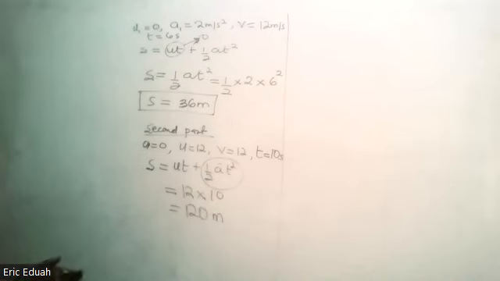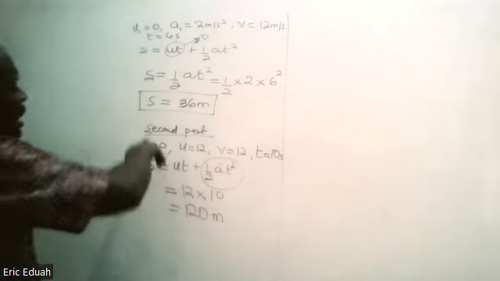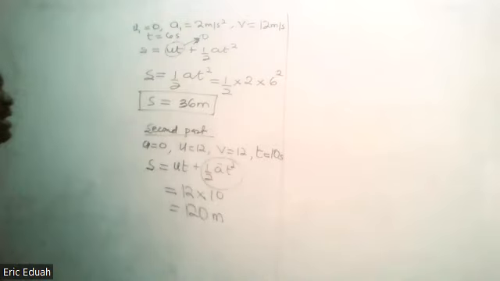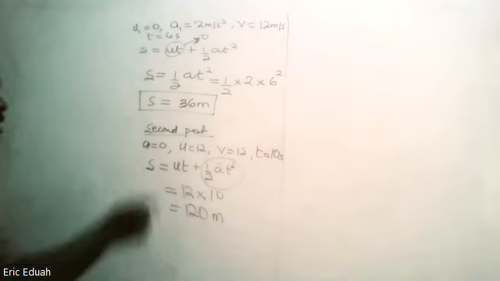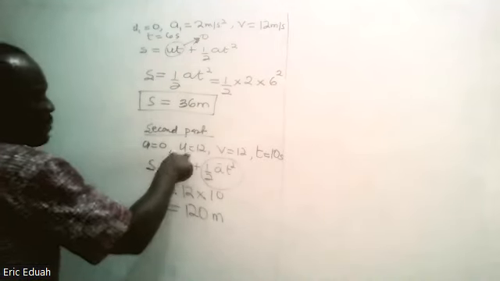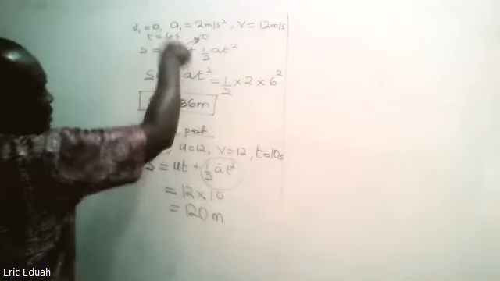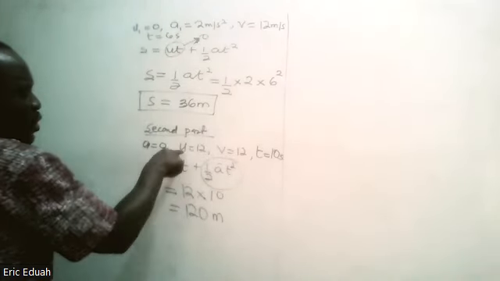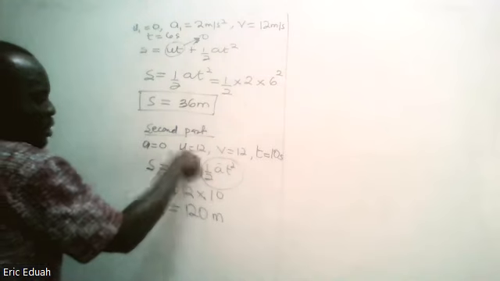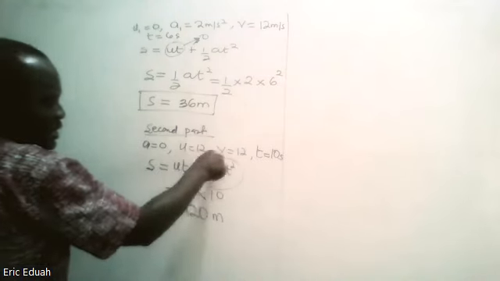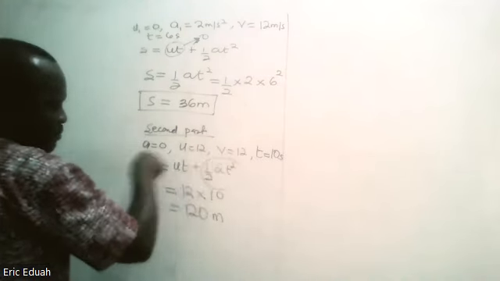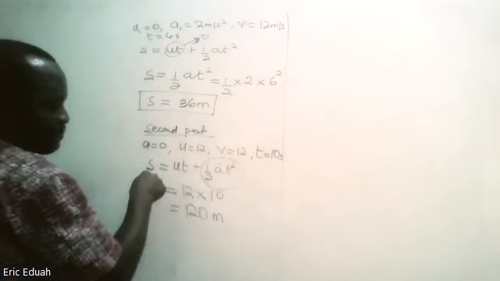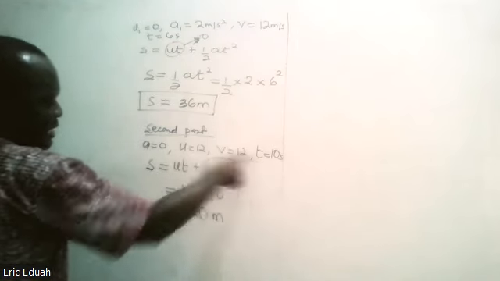If we are to determine the distance covered in the second part of the motion, don't forget the velocity obtained from the first part is maintained. So u is equal to 12, v is equal to 12, and the time is 10 seconds.